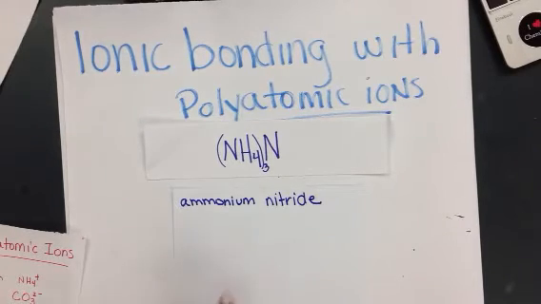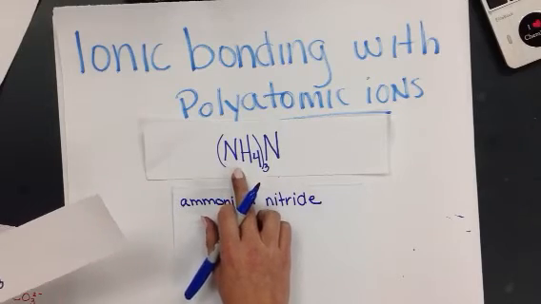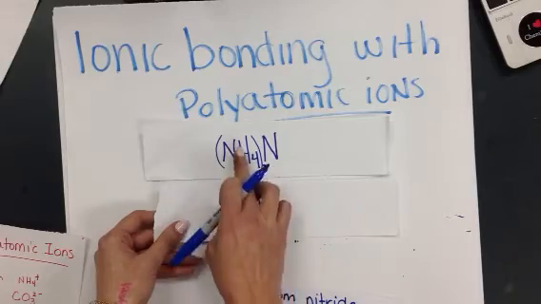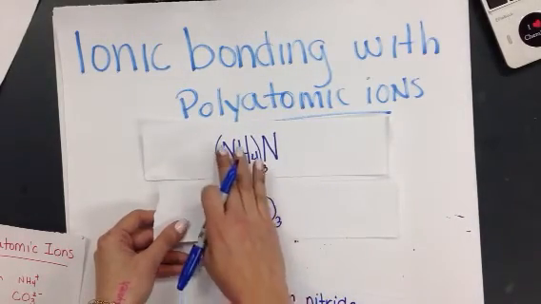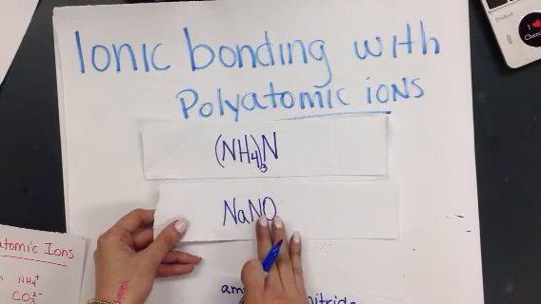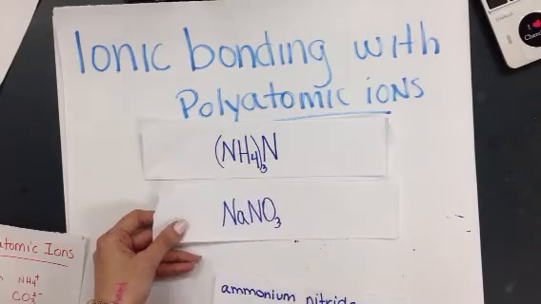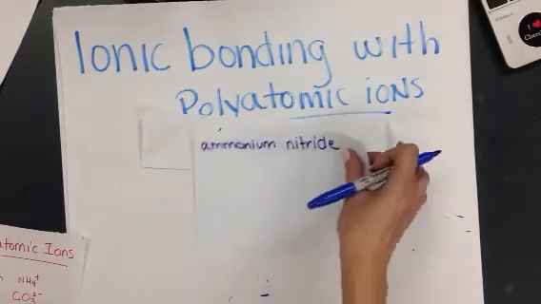Notice in this example, the polyatomic ion came first, whereas in our last example, it came second. Wherever the polyatomic ion is, it doesn't matter. The name stays the same for the polyatomic ion. Because the polyatomic ion is not second, this one's a little different. This is ammonium nitride. All right, and let's try one more.